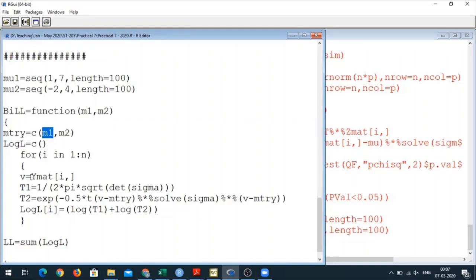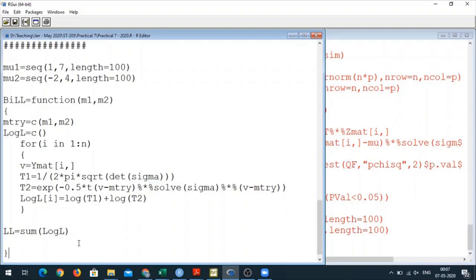I am taking the ith observation, computing the PDF at the ith observation, taking the log of it, and then I have to do this for all n observations, keeping my mu constant. Sigma anyway we are assuming to be known, and we will return this final log likelihood, which is the sum over the log likelihood of all the observations.